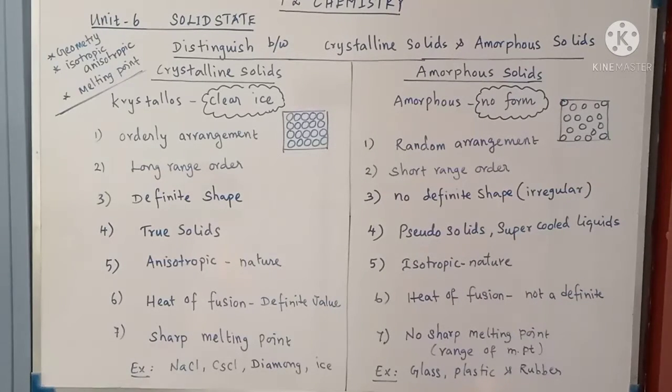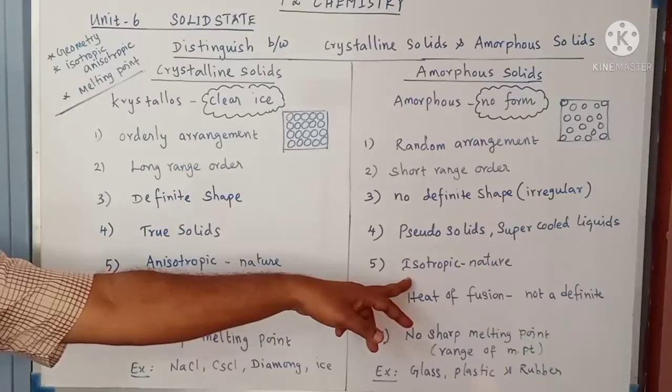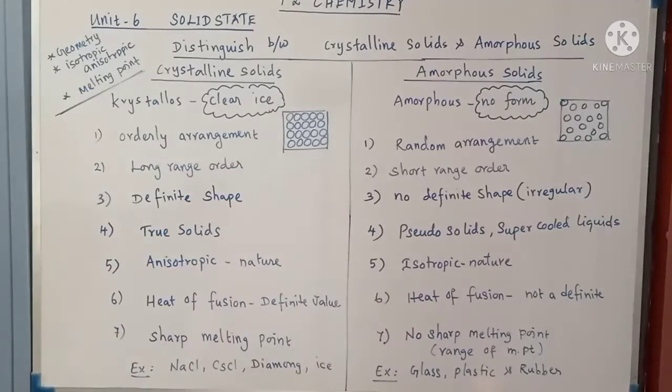Then the fifth difference: crystalline solids are anisotropic in nature, whereas amorphous solids are isotropic in nature. So what is meant by isotropic and anisotropic? Isotropic is nothing but a property of a material having similar properties in all directions.